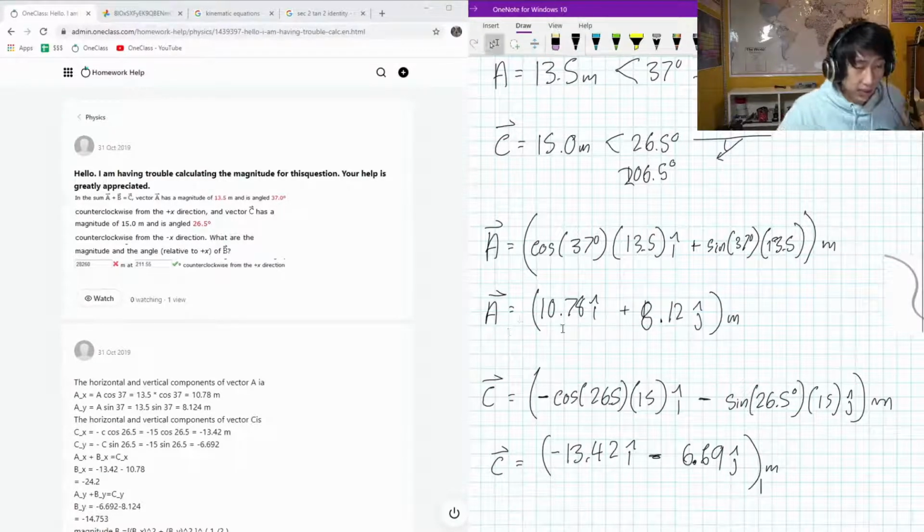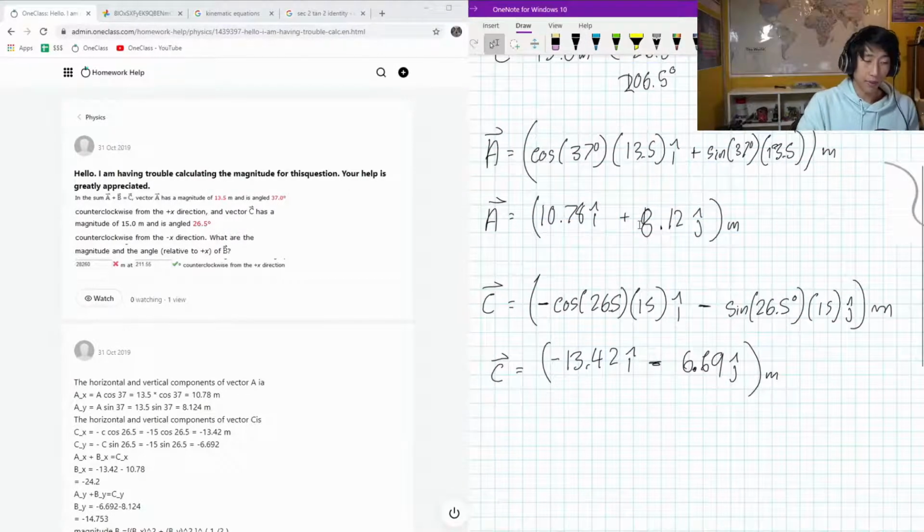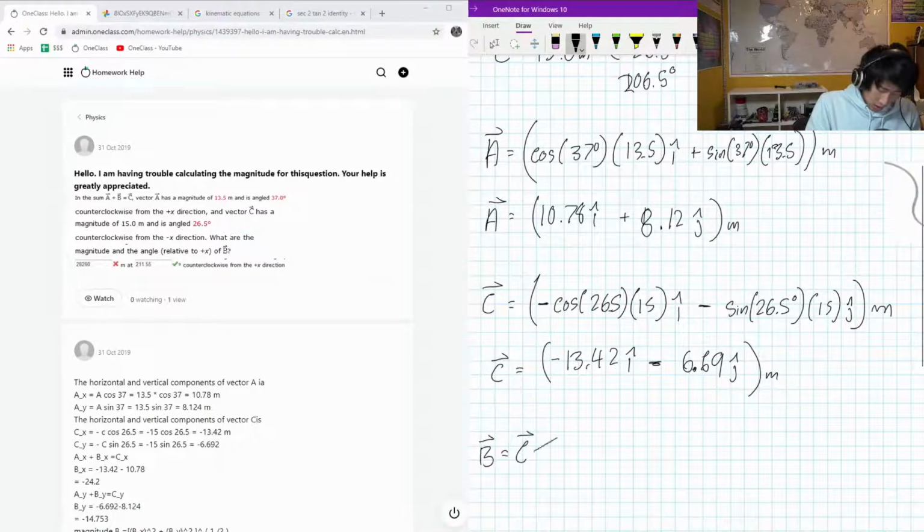Okay, now we have to do c minus a to find b. Minus a. Okay, so the c component is going to be negative 13.42 minus the a component, which is 10.78.